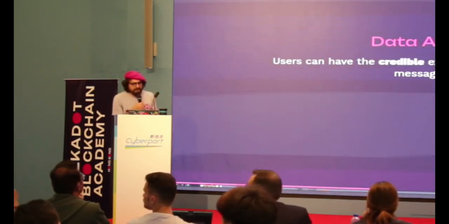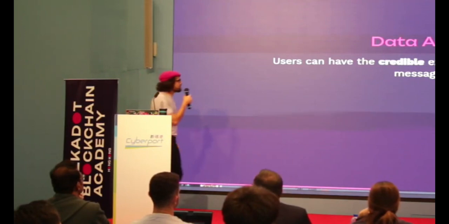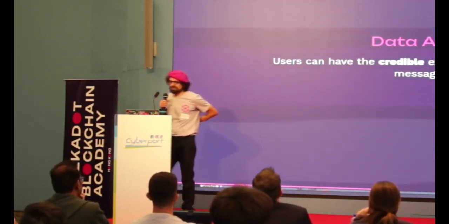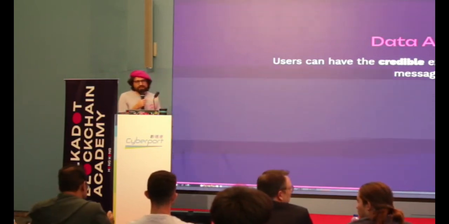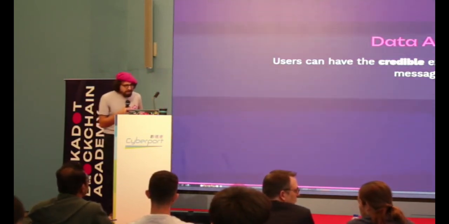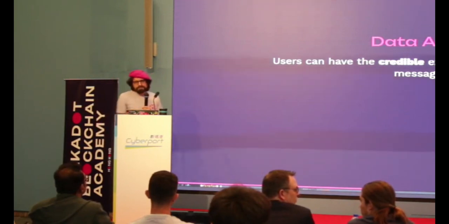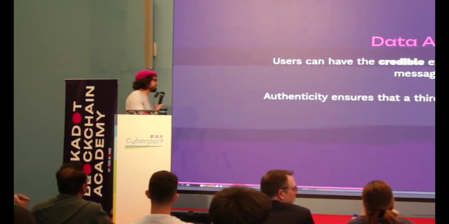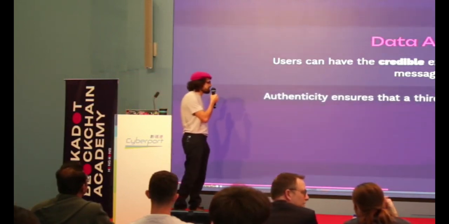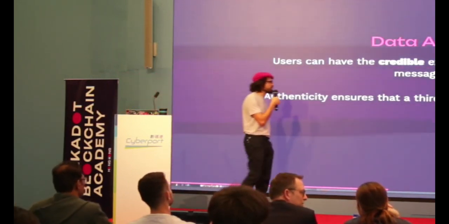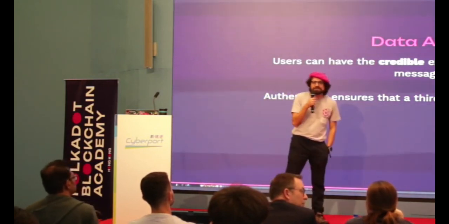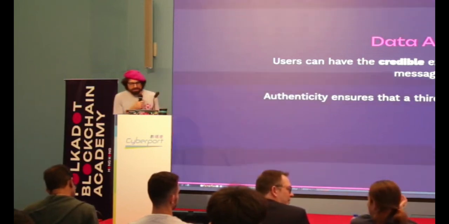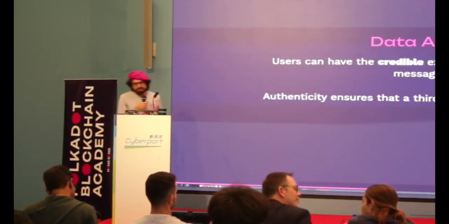Data authenticity. As I said, that is a credible expectation that you know about the origin of the message, where the message came from, who has written it. It's basically making sure that a third party cannot pretend that they created some data without leaving a trace, and fake the origin of the data.